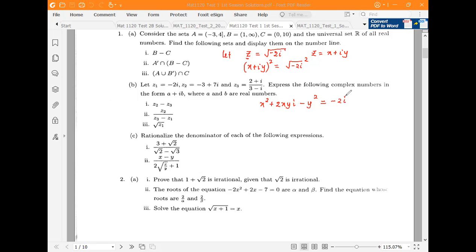Where have we equated z to x plus iy? So z is a complex number. Since we must express our answer in the form a plus bi, I can choose any letters, provided they will separate in the form a plus bi.